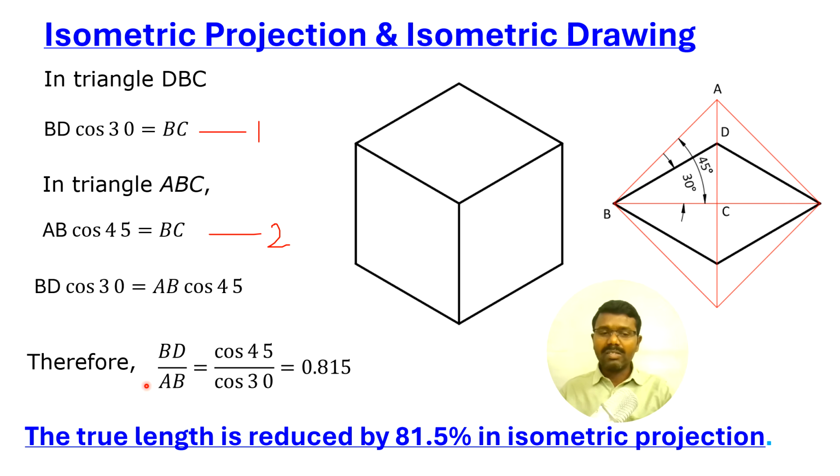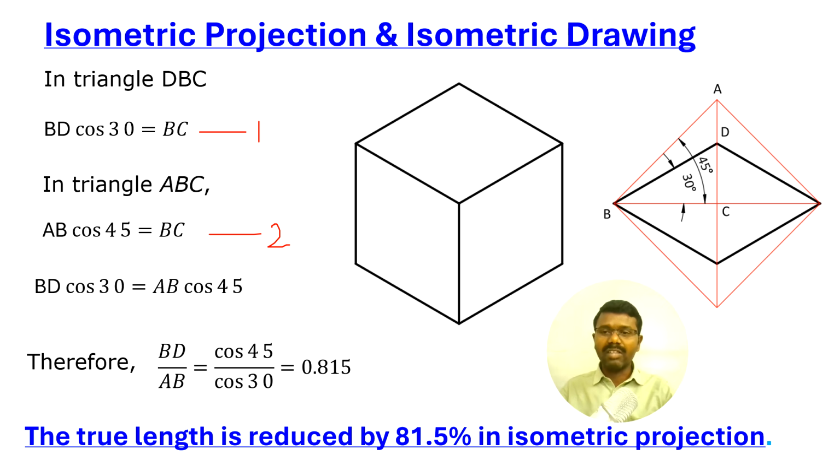That means BD is equal to 0.815 times AB. The true dimension is reduced by 81.5% in the isometric view. So that is why the true length is reduced by 81.5% in isometric projection. When you draw isometric projections, we need to reduce the dimensions by 81.5%.